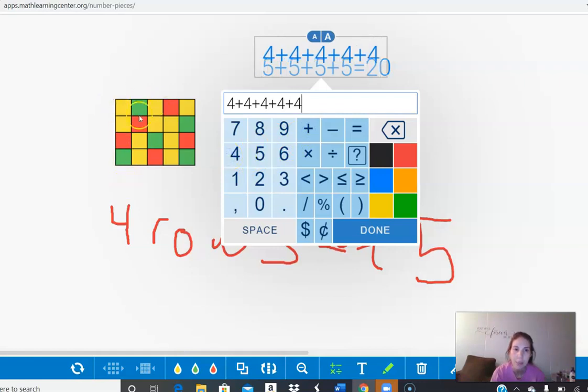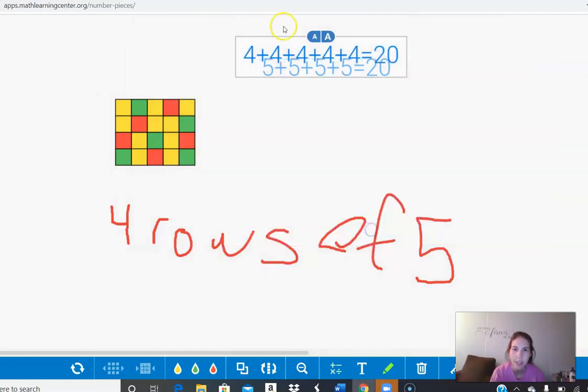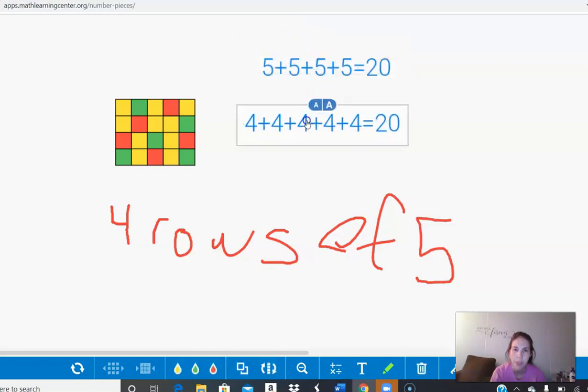We have 5 columns: 1, 2, 3, 4, 5. It still equals the same number, equals 20. Okay? So that's our 2 addition sentences that we could have.